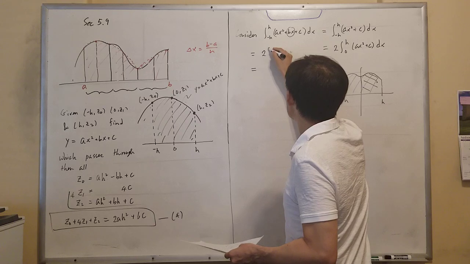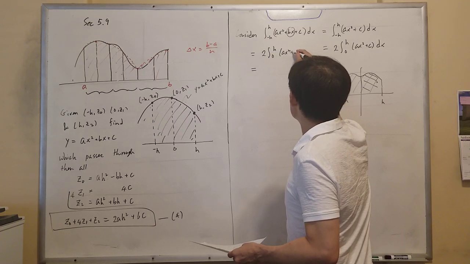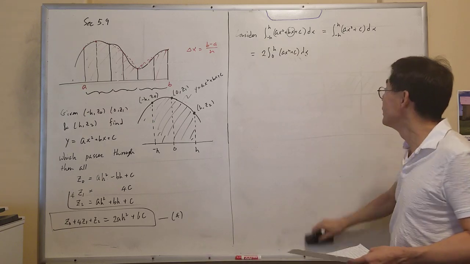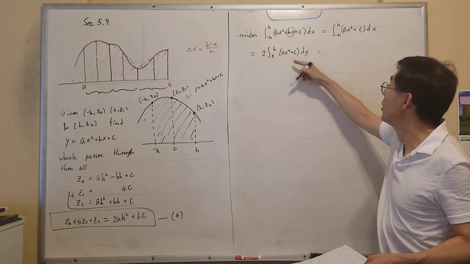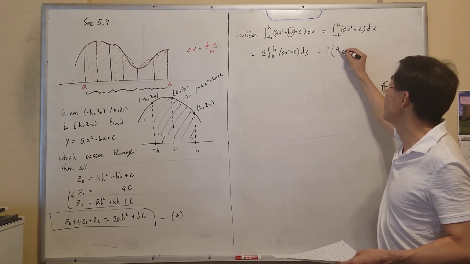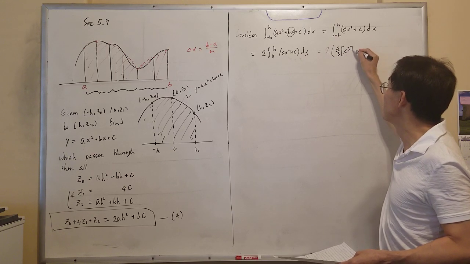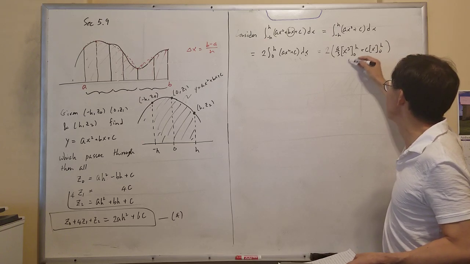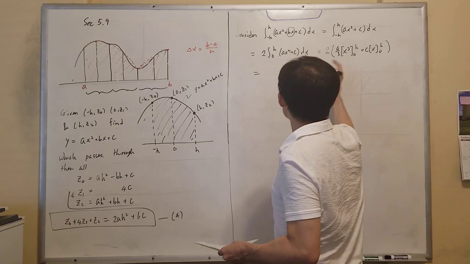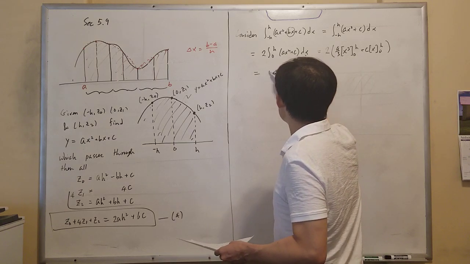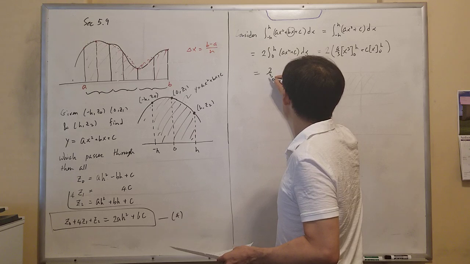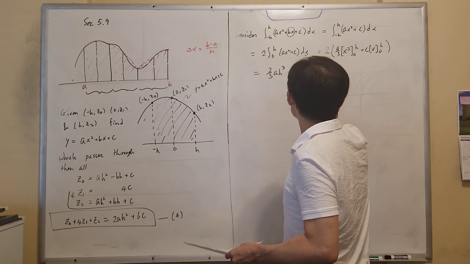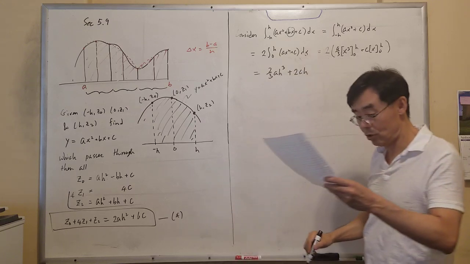So I'm going to write it: 2 times the integral from 0 to h of (ax squared plus c) dx. And that is 2 times (a over 3 x cubed, plus cx) from 0 to h. So this is 2/3 of ah cubed plus 2ch, right?